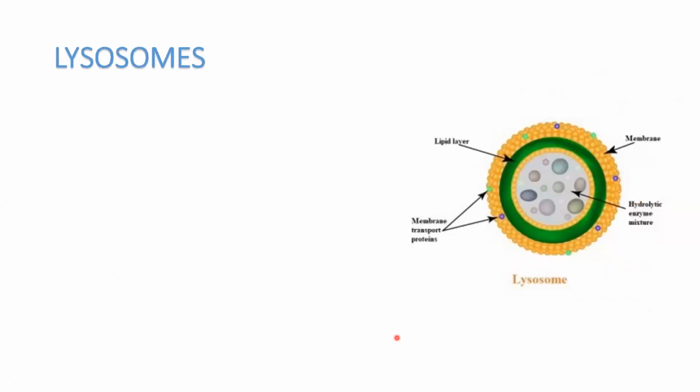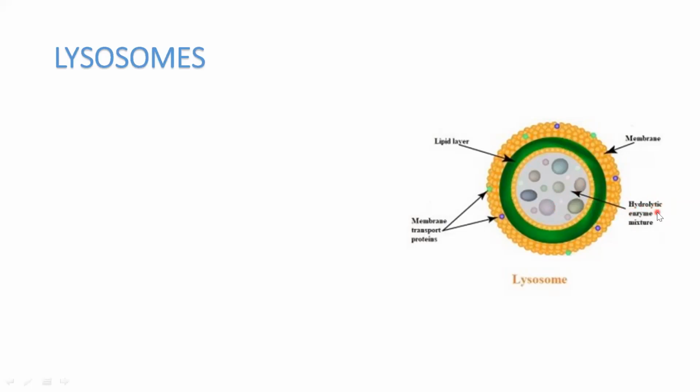So coming to the lysosomes. We all know that lysosomes are single membrane bound organelles. Okay, and they contain acidic pH and hydrolytic enzymes. What is meant by this name hydrolytic? Hydro means water, lytic means breaking.